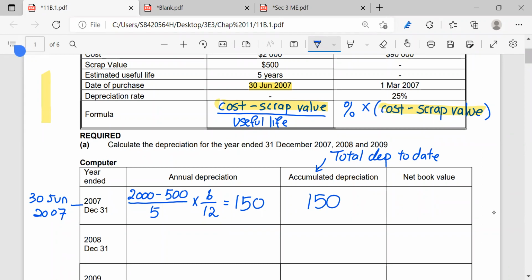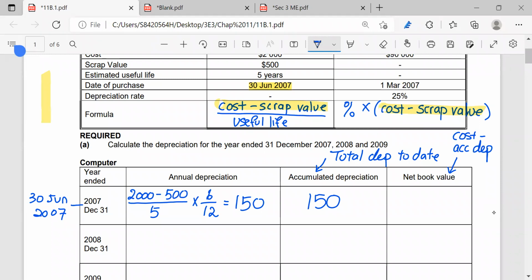Okay, after that, let's look at net book value. For net book value, the formula that we have is cost minus accumulated depreciation. For depreciation, usually I just write DEP, because it's a very long word.